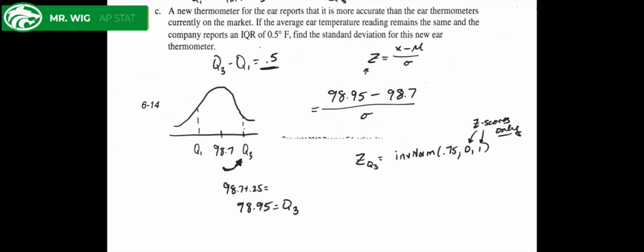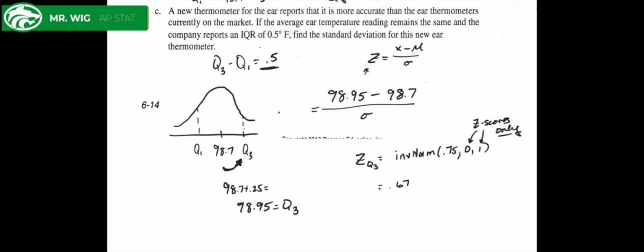Notice these z-scores only. Okay? Because if I know the percentage, I can use inverse norm to go back and give me either that X value, in this case the temperature, or if I use 0 and 1, it's going to get me a z-score. That's going to be, we'll round it to 0.67, because that's what the book does. Okay?